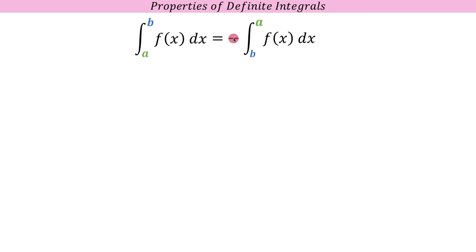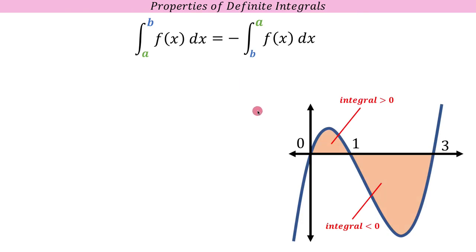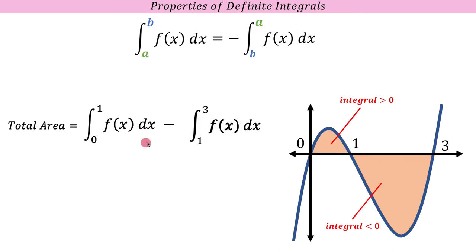Now, where does this become important, or where can we use this fact? Well, in our last lesson, we saw signed area, and we saw that when we have area above the x-axis, it is positive, but when we have area below the x-axis, it is negative. And we said, well, if you want to find the total area, what you have to do is say the total area is going to be equal to the integral from 1 to 0. So my limits here are 1 to 0.